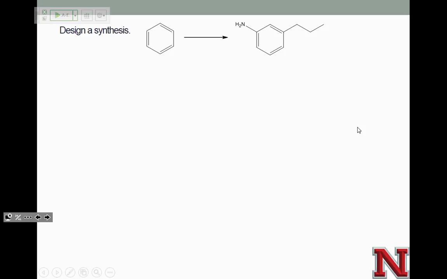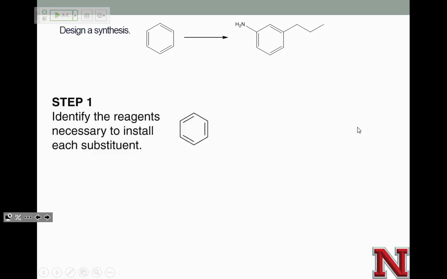So let's look at a synthesis. Here, we're doing a series of electrophilic aromatic substitution reactions, and we're trying to get the product we're looking for. First off, what I like to do for these is identify all separate reactions I'm going to eventually do, then put them in order based on direction.